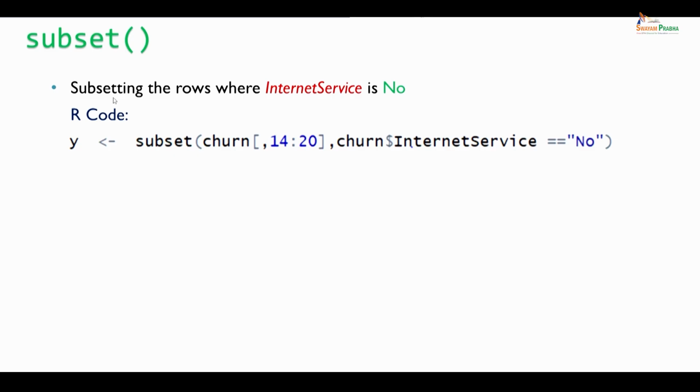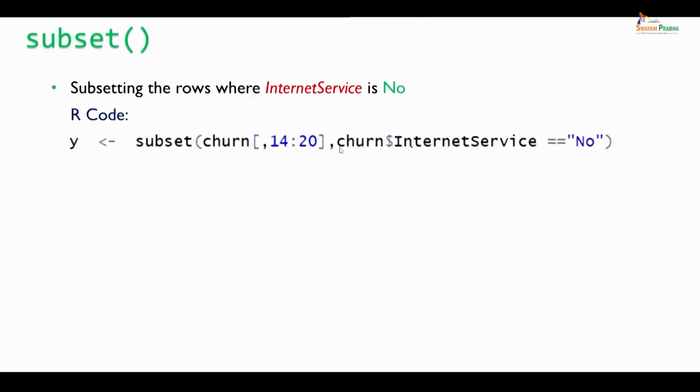Now we are going to subset the rows where internet service is no. I am using the function called subset. As I mentioned earlier, the first argument is the object from which we are going to subset the observations. Here we know that our data frame name is churn, and I have given square brackets inside which I have specified the columns as 14:20. Before the comma I have not specified anything.